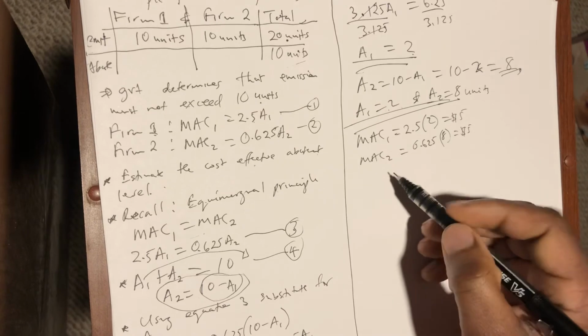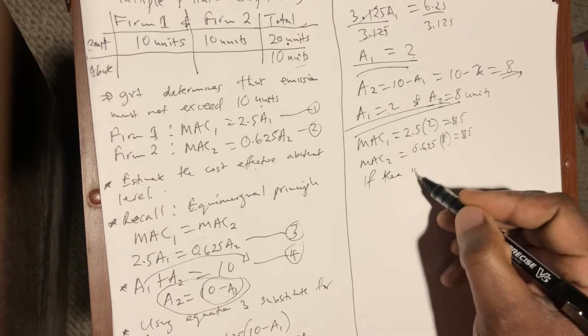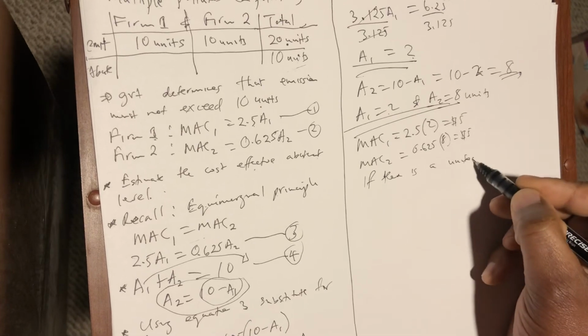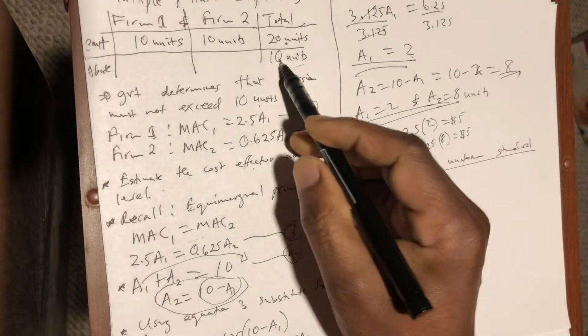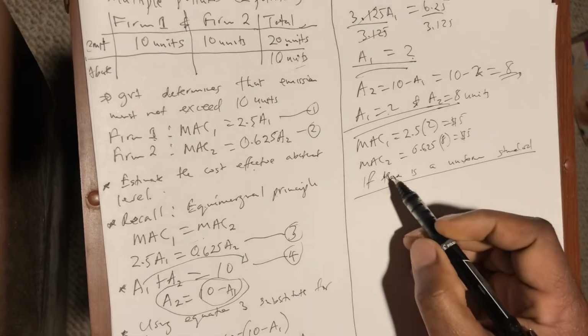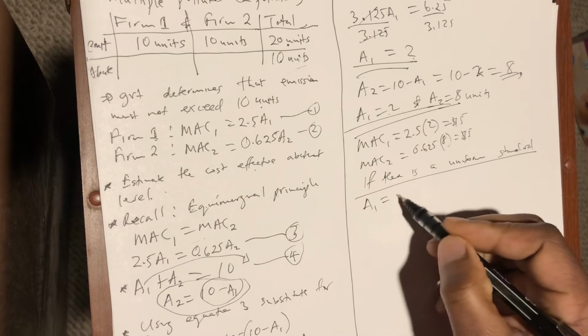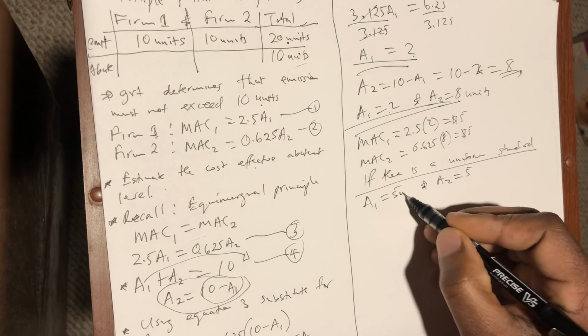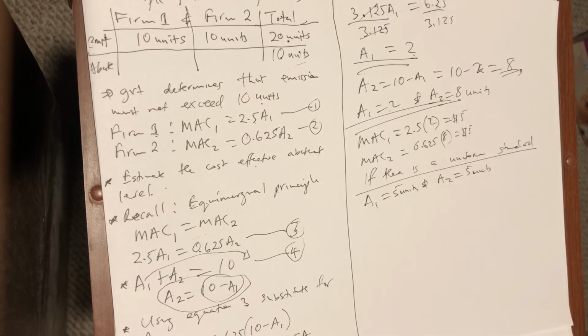If there is a uniform standard, to make 10 units, it means each firm should abate 5. So A1 should be equal to 5 and A2 should be equal to 5 units, right? What are the marginal costs for abating 5 units?